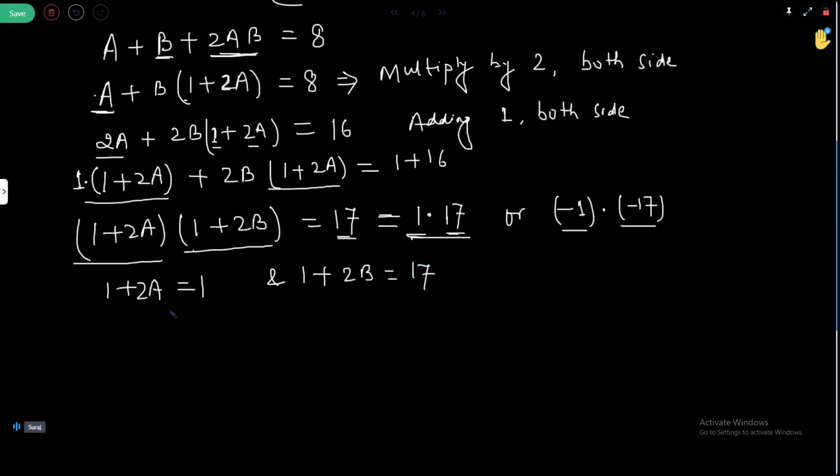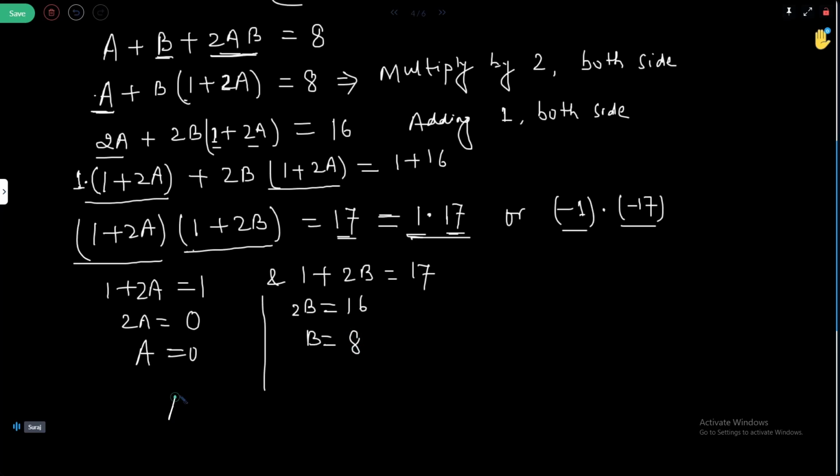Here you can solve easily. 2a equal to 1 minus 1 equal to 0, so a equal to 0. And the second equation, 1 plus 2b equal to 17, then 2b equal to 16 and b equal to 8.